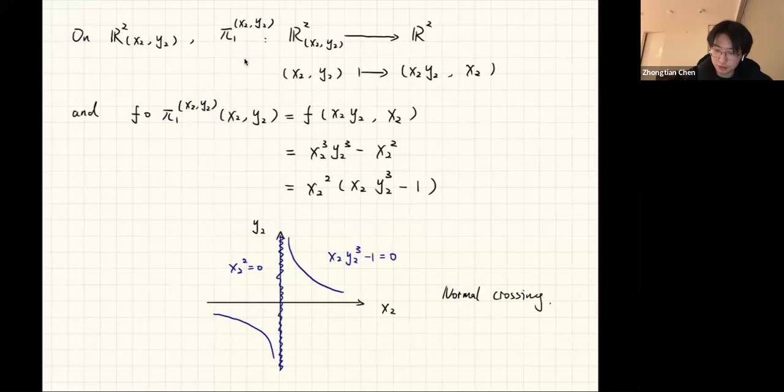On the other chart, we do the same thing. Our f composed with pi will be this polynomial, and we can plot the graph. And this is normal crossing, right? For each point, it's locally defined by a monomial. Locally, it's like a straight line at each point.